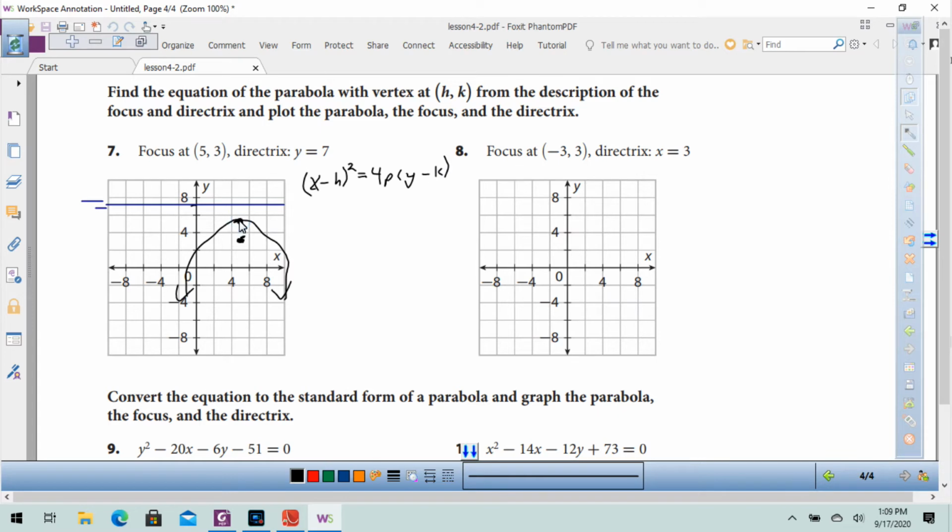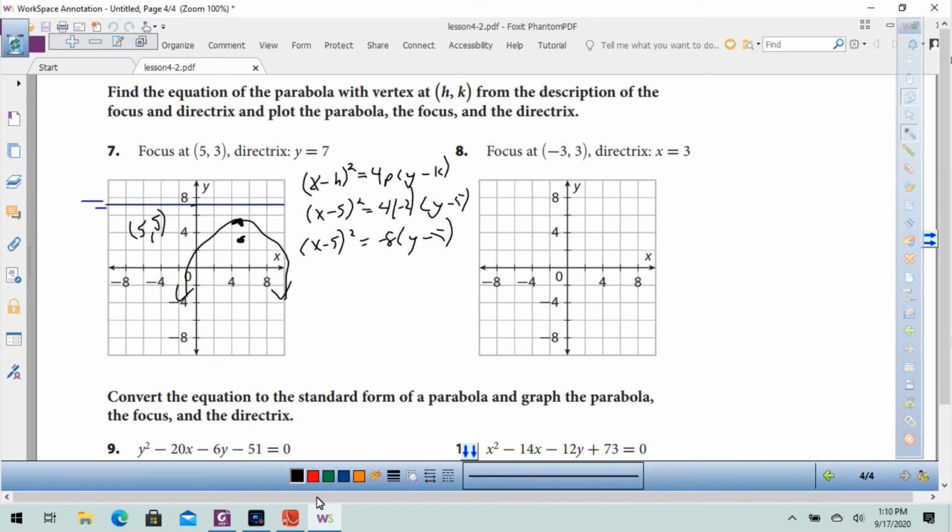Well, here is our vertex, and it looks like 5, 5. So we got x minus 5 squared equals 4, and then we have y minus 5. We got to figure out p. Well, p is down 1, 2, so that's -2. We have x minus 5 squared equals -8 times y minus 5.